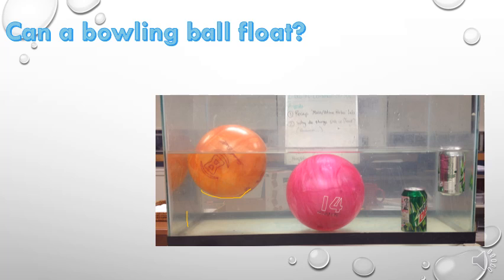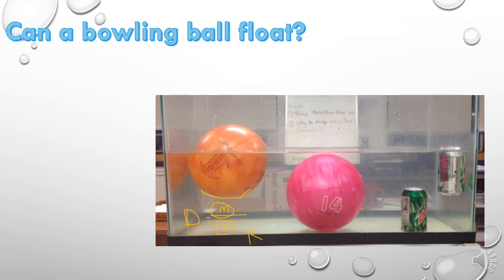Because remember, density is a ratio of, that's right, mass over volume. In this case, the density of this bowling ball, the mass is less, so the numerator is smaller than the denominator, which gives us a number less than 1. And since water has a density of 1, the ball floats.